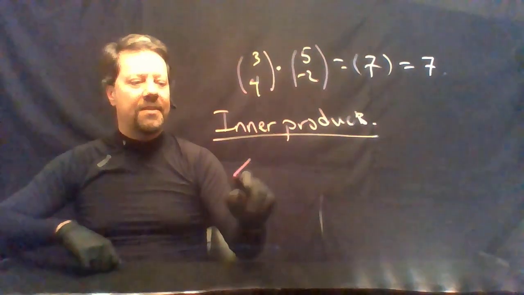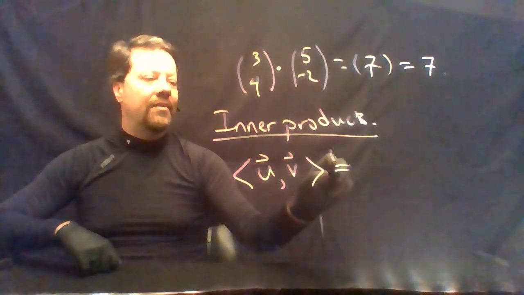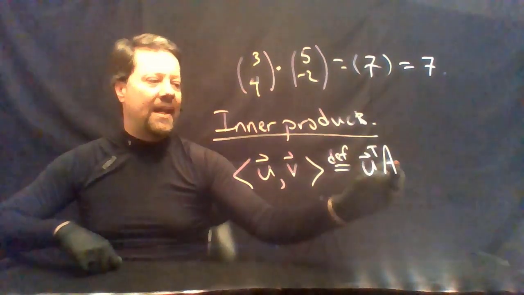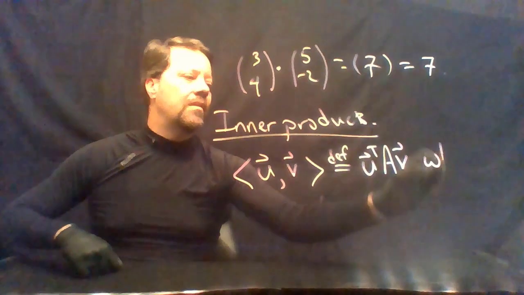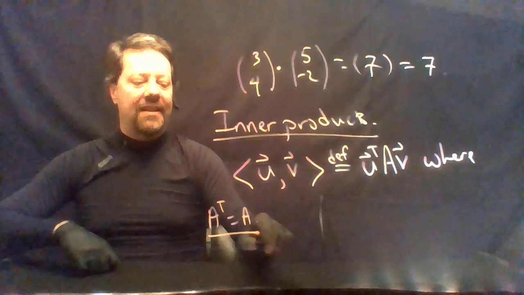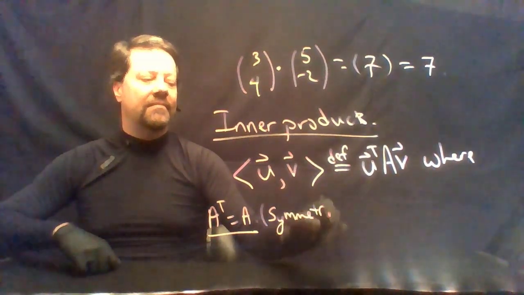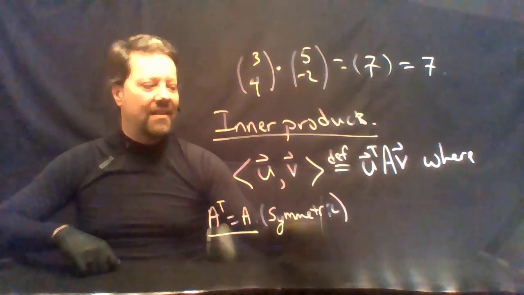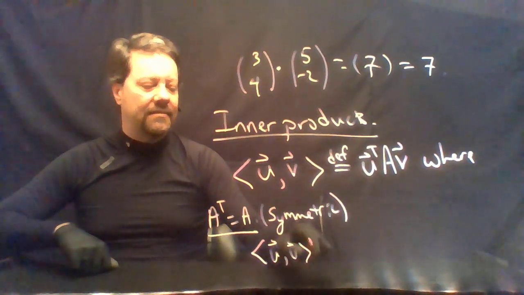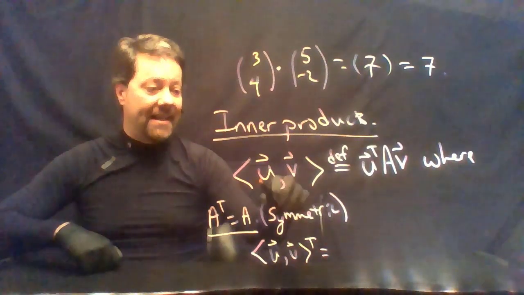So for instance, let's suppose I define the inner product of u and v to be, by definition, u transpose A times v, where A transpose equals A, so that A is symmetric. Note then that if I take the transpose of the inner product, this had better be a real number, it had better be the same as this thing itself.